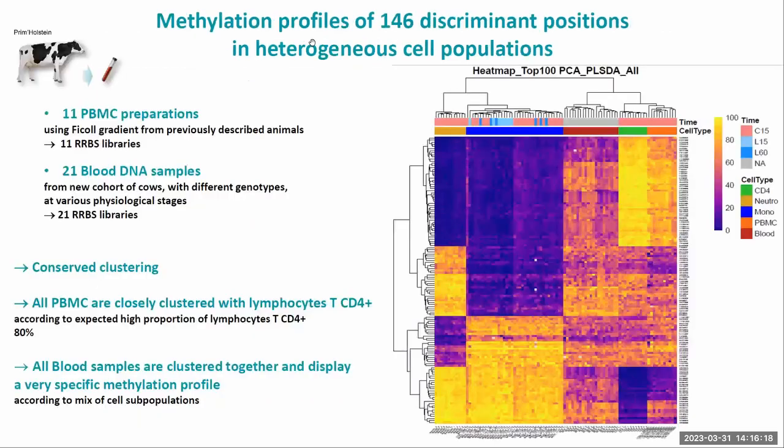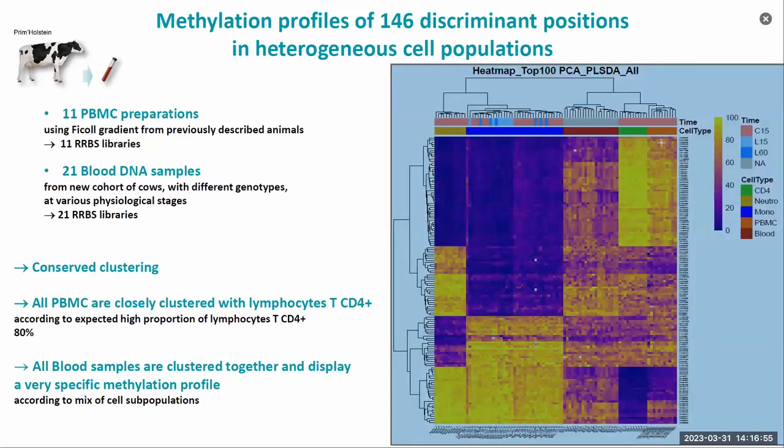We also looked at the methylation profile in heterogeneous cell populations. For that, we prepared PBMC preparations, and we also used 21 blood DNA samples. The heat map displays the conserved clustering, with the neutrophils here and all the monocytes here, and all the PBMC in orange in this part.